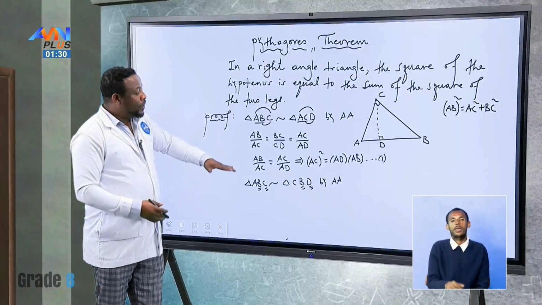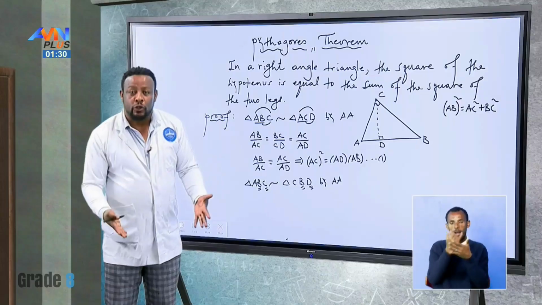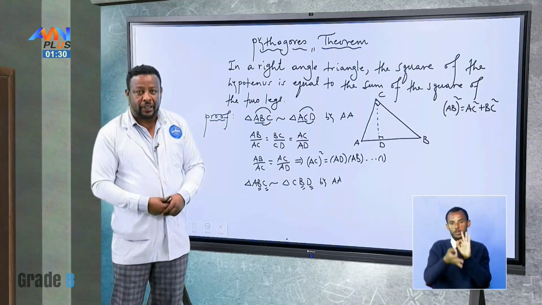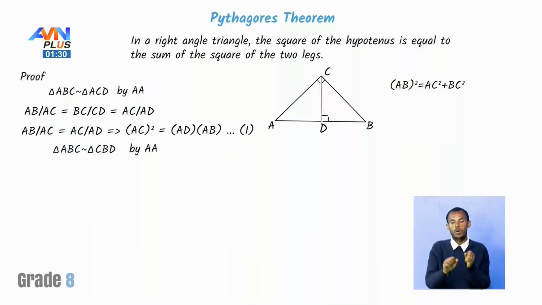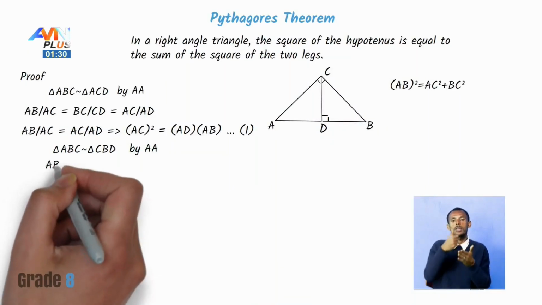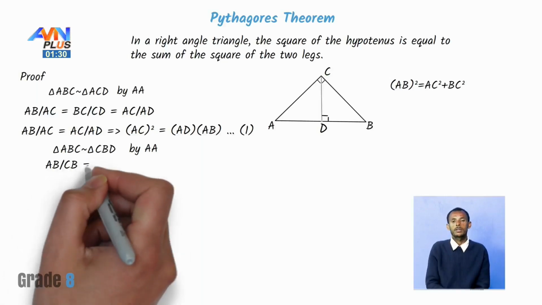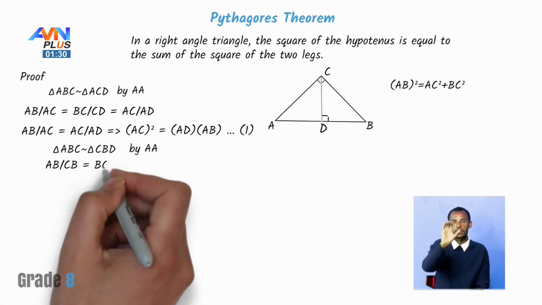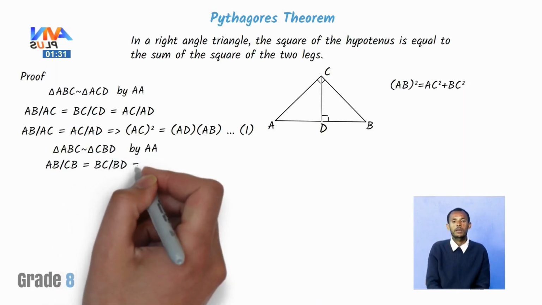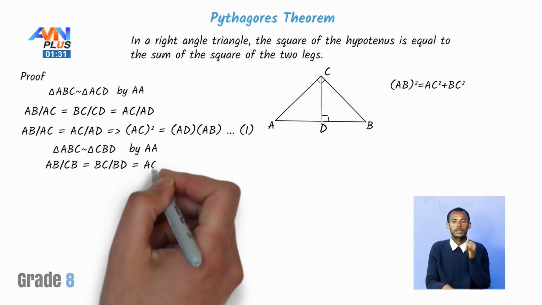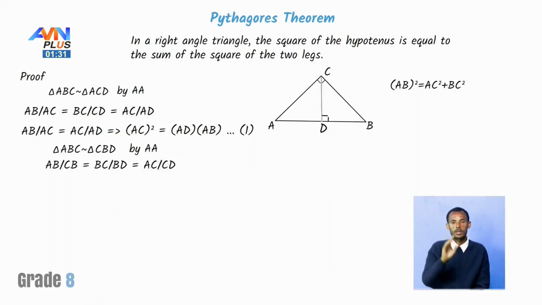Now, if these two are similar, you can derive some ratios by the definition of similarity. When we take the ratio, this becomes AB over CB, which must be the same as BC over BD, and lastly AC over CD.